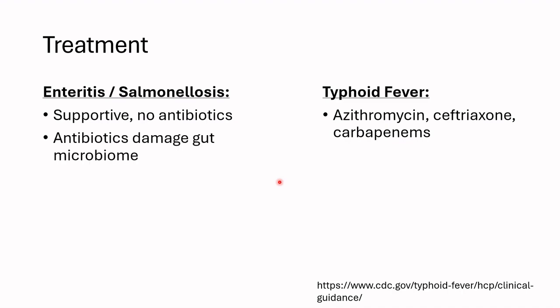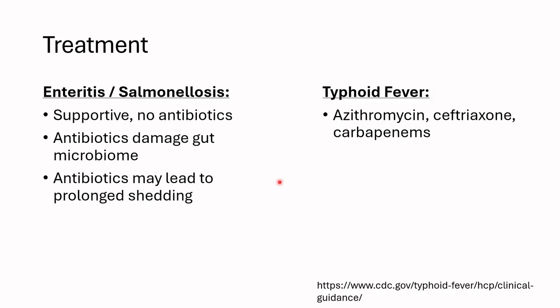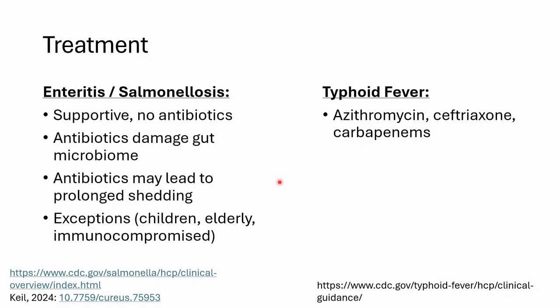Antibiotics damage the microbiome, so they actually probably give these Salmonella a better chance. So antibiotics may lead to a prolonged shedding and potentially to a worse disease outcome. Importantly, there are exceptions, for example children, elderly, immunocompromised.